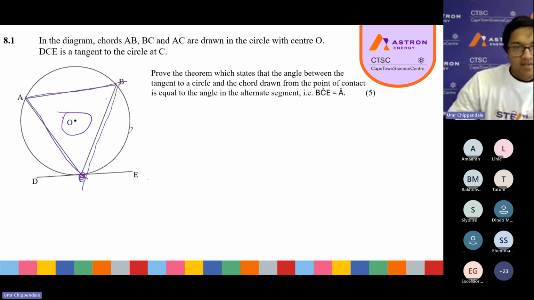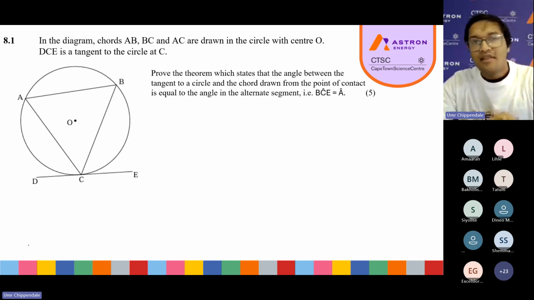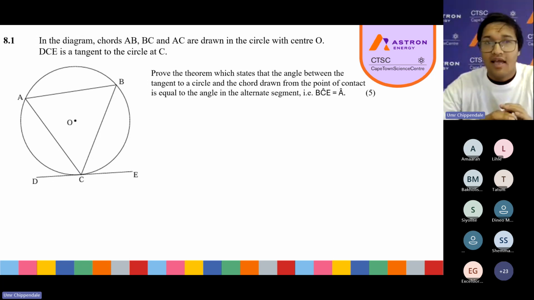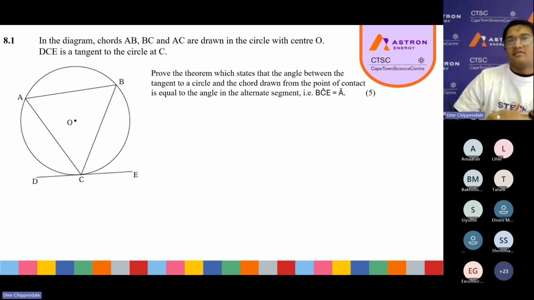Now, here they say we need to prove the theorem which states that the angle between the tangent to a circle and the chord drawn from the point of contact is equal to the angle in the alternate segment. This is angle BCE. So angle BCE is this part over here, and you must say it is equal to angle A.